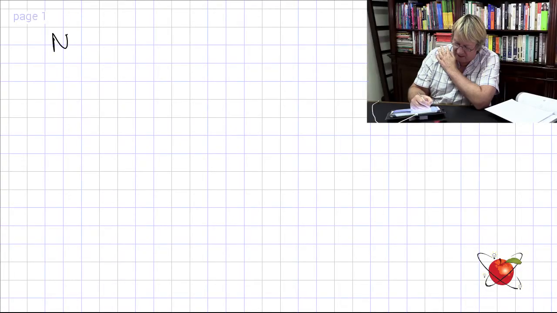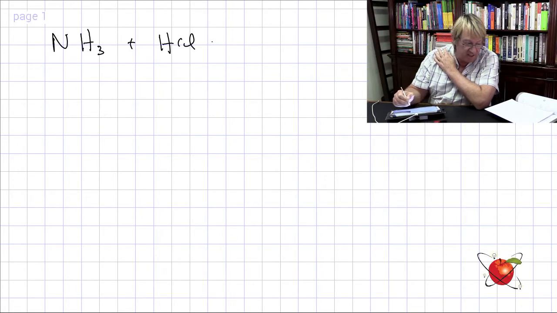But what is actually happening in a dative covalent bond? We've got some examples that they give in various textbooks, but let's take, for example, NH3, ammonia, plus HCl gives us NH4Cl.